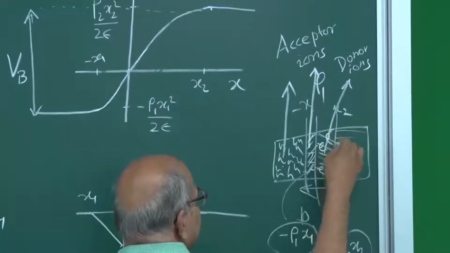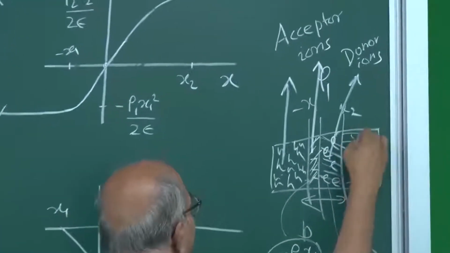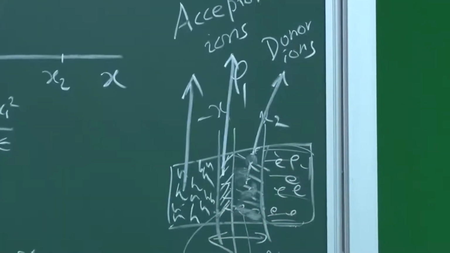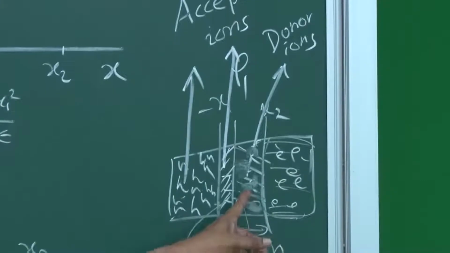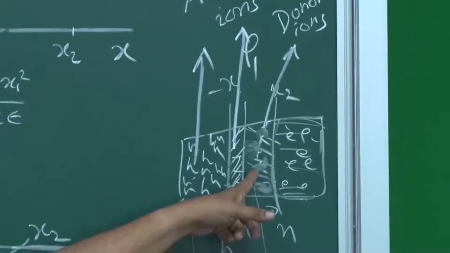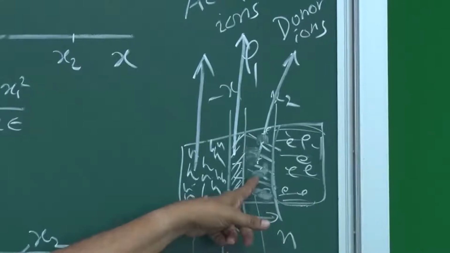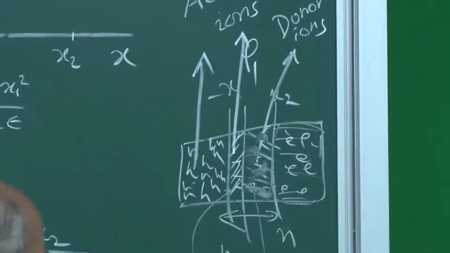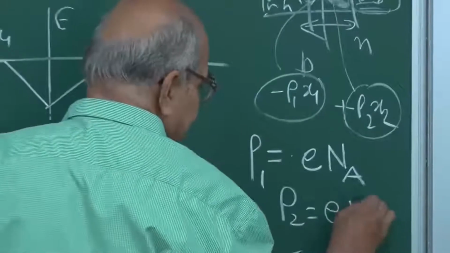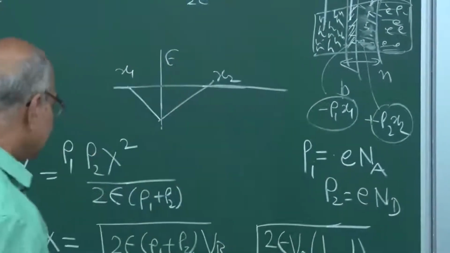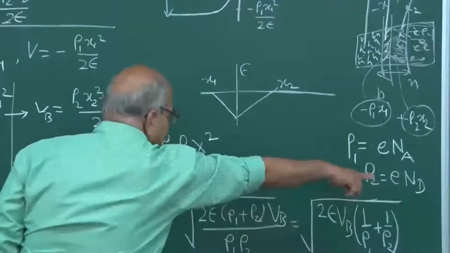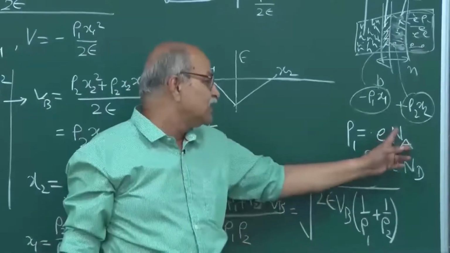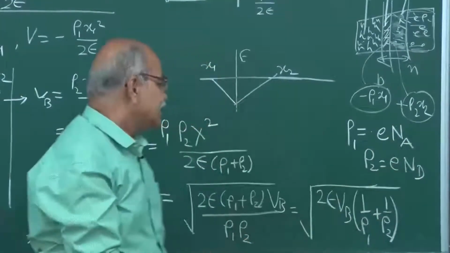So those electrons were there, here also, and this whole thing was neutral, but from here the electrons have gone, and therefore those positive charges will appear here, those donor ions, each donor ion will give you 1 unit of charge, plus E, and therefore rho 2 will be E times Nd, density of donor ions. And this expression you can write in terms of Na and Nd, because these are the quantities which are under our control. We dope things, so we know what is Na and what is Nd.